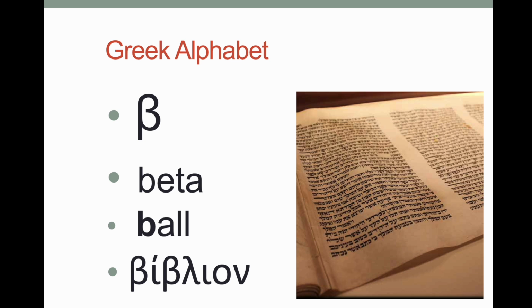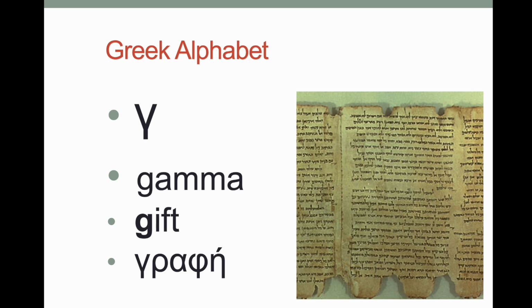Beta makes a b sound, like the English word ball, and the Greek word I have there is the word for book or scroll, and it's pronounced biblion. The next letter is gamma. And gamma makes a G sound, like the English word gift. And the example I have there is the Greek word for writing or scripture, and it's graphe.